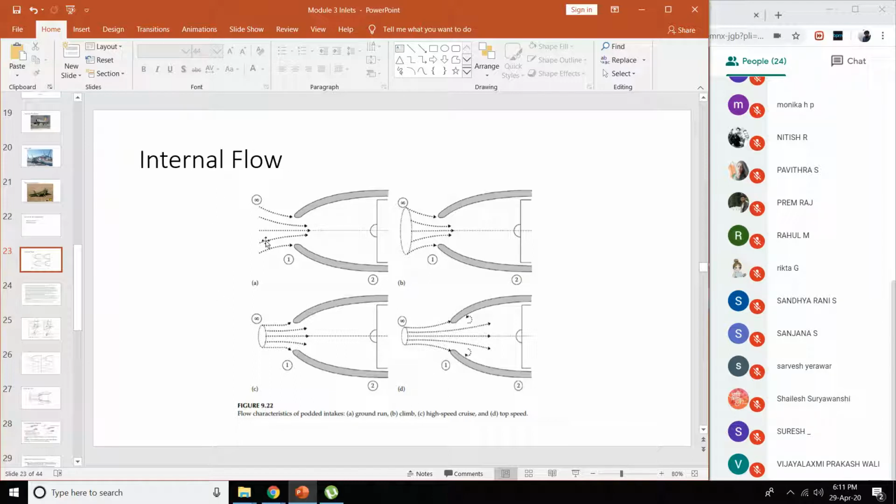So the capture area is infinity when the aircraft is at zero speed. As you increase the aircraft speed, the capture area, the amount of air that can go inside the air inlet, will reduce.